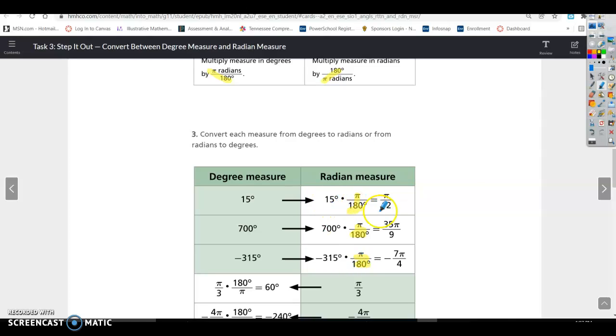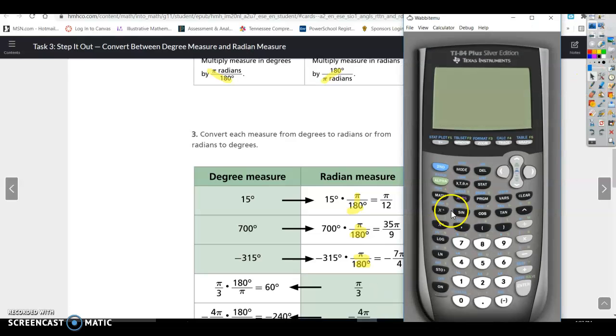All right, so all I have to do is simply take this and type it in. So I'm going to do 15 divided by 180. And again, I'm going to find the reduced fraction form of that instead of the decimal form. So that's 1/12.